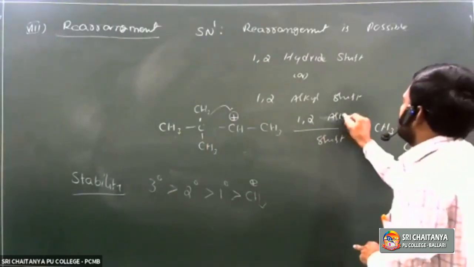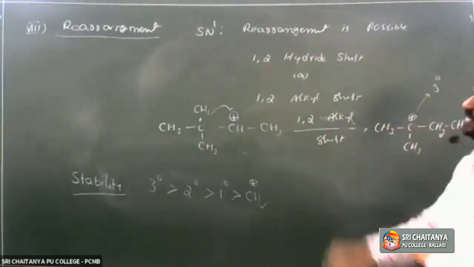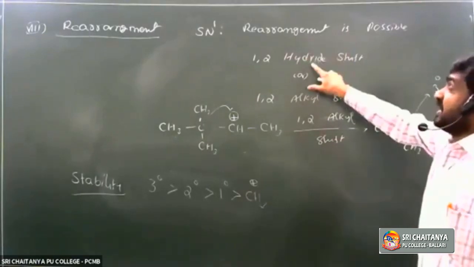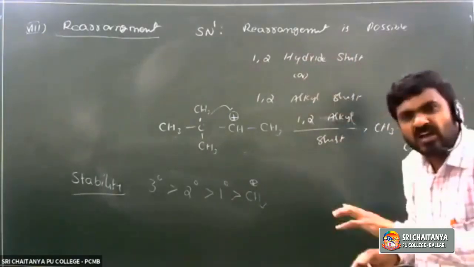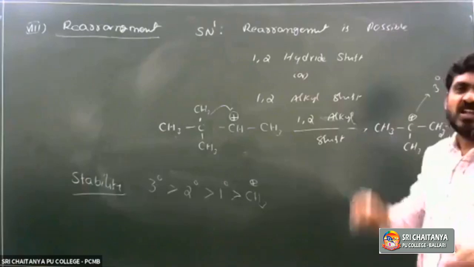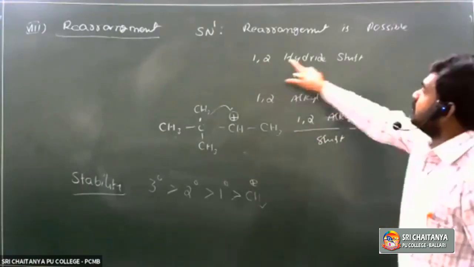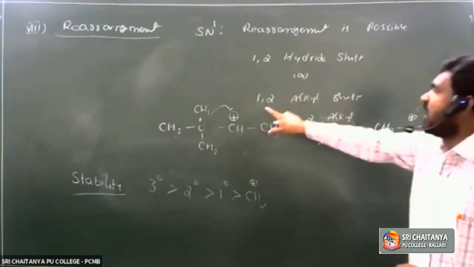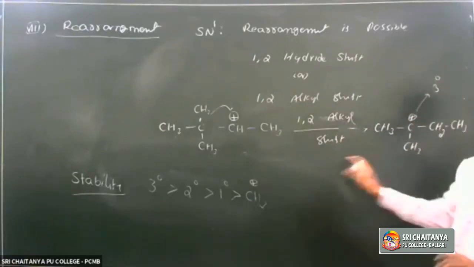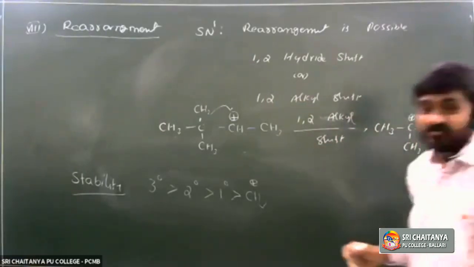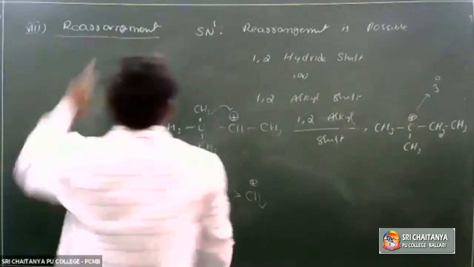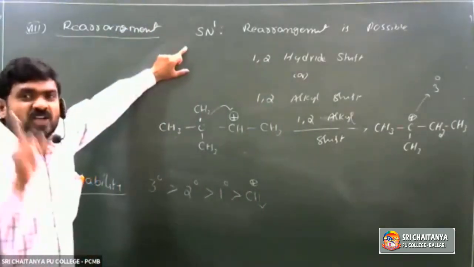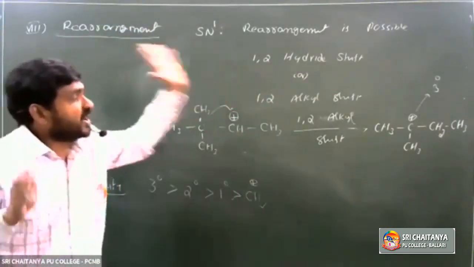So rearrangement is possible to form the more stable carbocation, by either a 1,2 hydride shift or a 1,2 alkyl shift. Rearrangement is very important. In SN1, rearrangement is possible because in the first step a carbocation is formed.